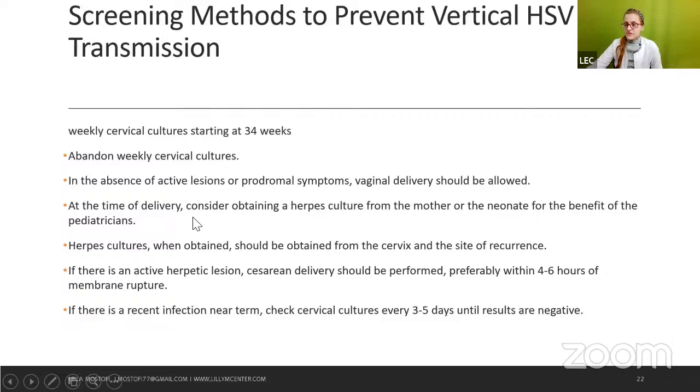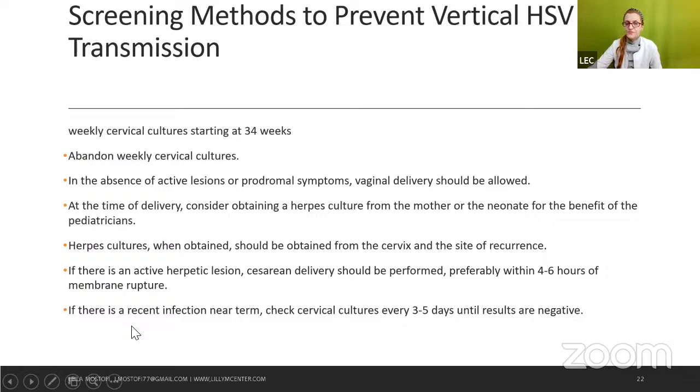At the time of delivery, consider obtaining a herpes culture from the mother or neonate for the benefit of the pediatricians. Herpes culture, when obtained, should be taken from the cervix and the site of recurrence. If there is an active herpetic lesion, cesarean delivery should be performed, preferably within 4 to 6 hours of membrane rupture.